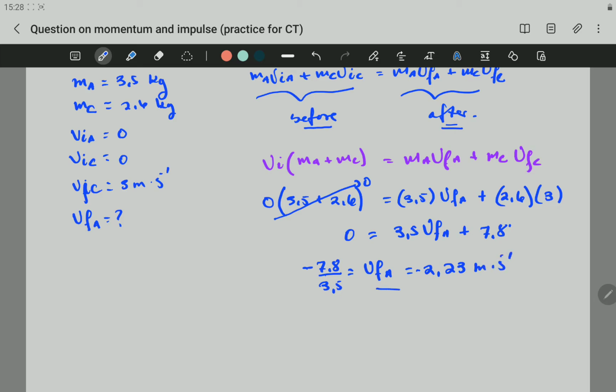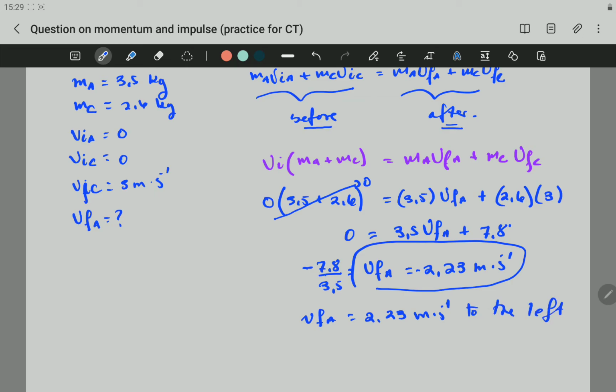So what means that this negative is 2,23. So the final velocity of A is equal to 2,23. Let me just write the number there.